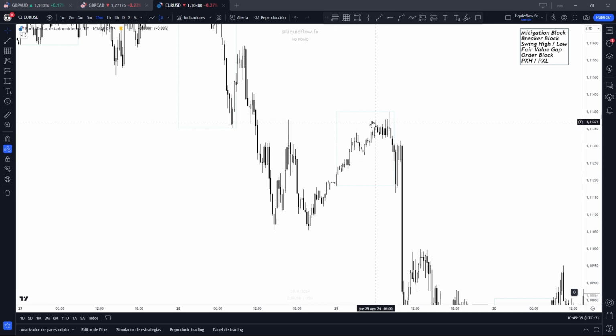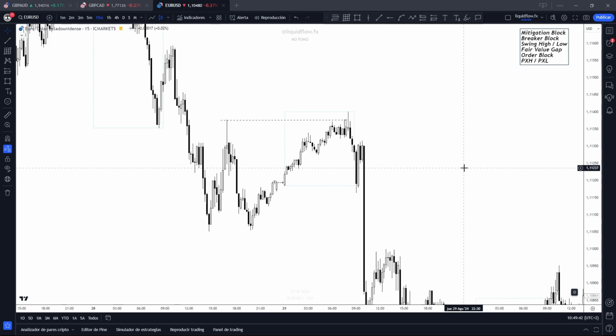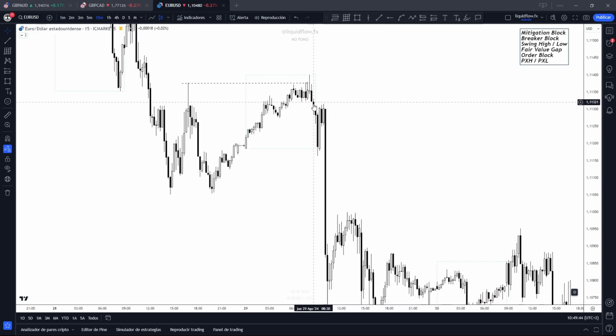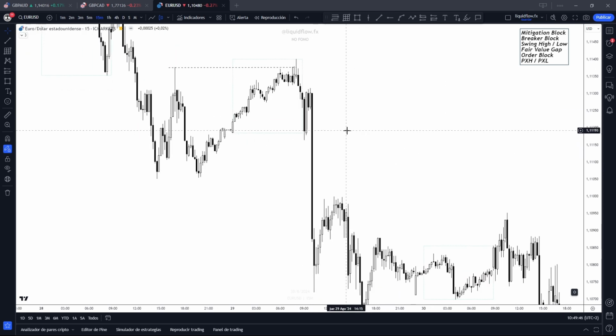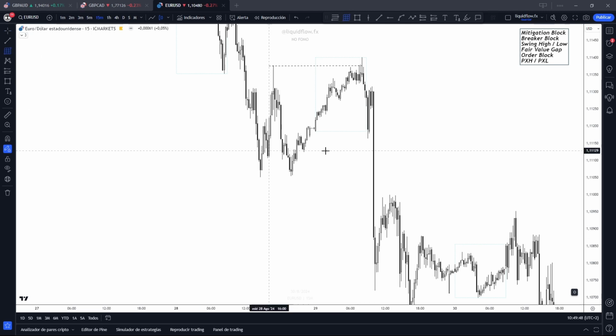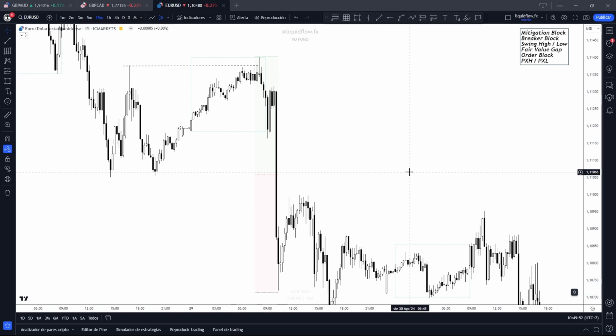What do I want to know about here? Okay, I got that sweep of this swing high, and I create immediately fair value gaps. So now I have a new premium and discount array. And now I have swing low, swing high.